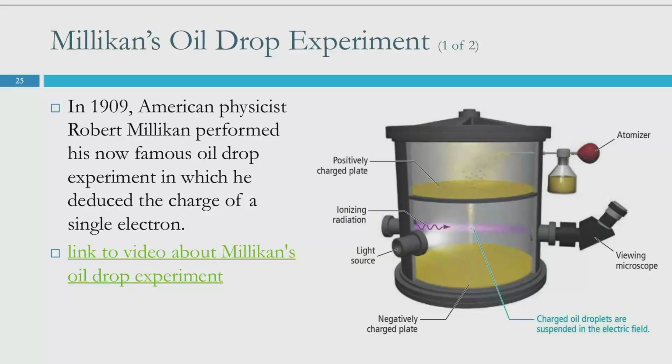So there's ways that you can make basically a particle beam. So the particle beam hits these little nebulized or atomized drops of oil, and it imparts them with some charge. So now we've got little charged oil drops, and because the oil drops are charged negatively, they're going to be suspended. The positively charged plate is going to be pulling them up. The negatively charged plate at the bottom is also going to be pushing them away.